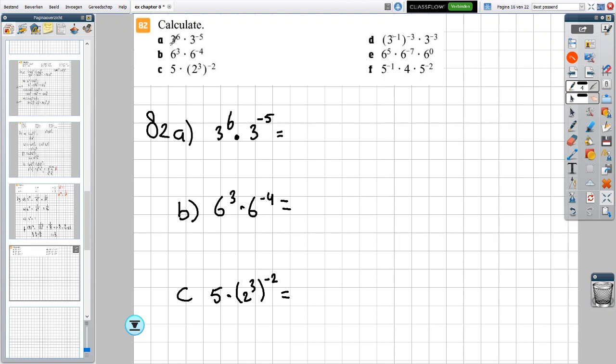Here I have the same base, right? My base at both of those things is 3. So that means that that's actually a bit like this question.